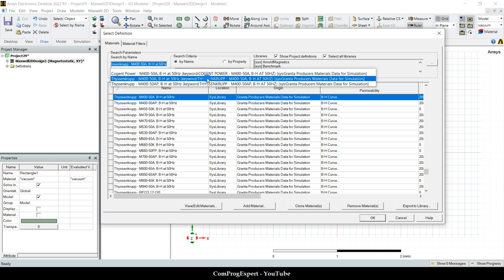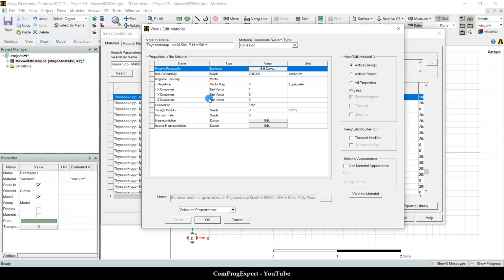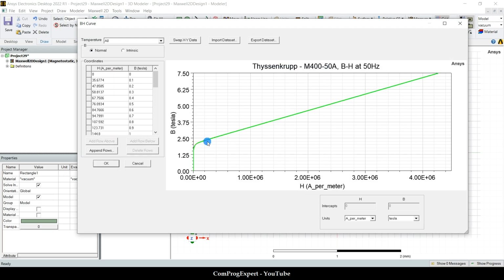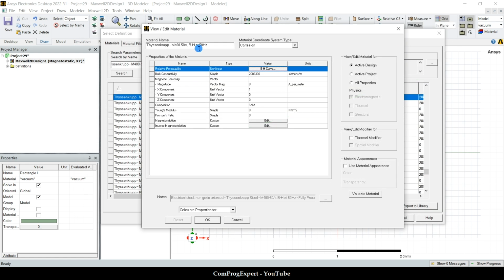Okay, so let's check the material properties and what these numbers and letters are. For example, here is the M450A BH curve at 50 hertz. So the BH curve that we have here is at 50 hertz.